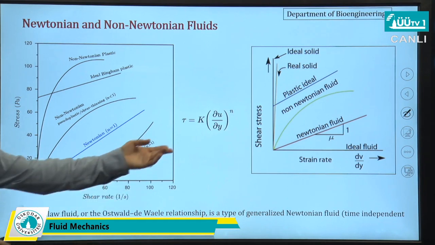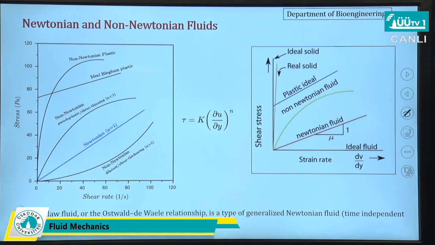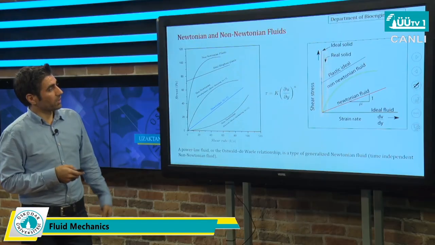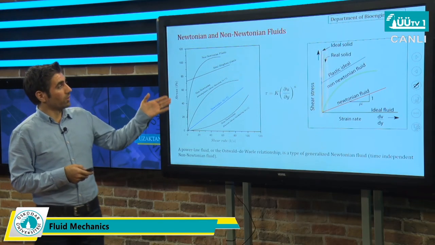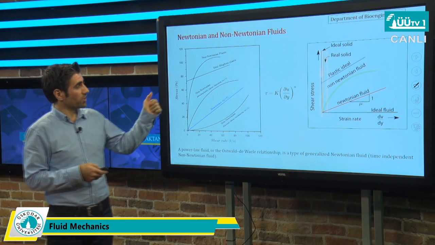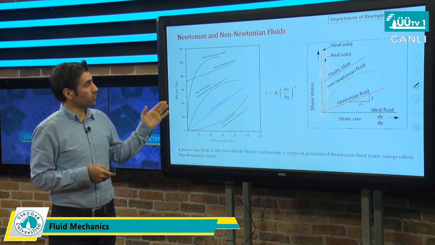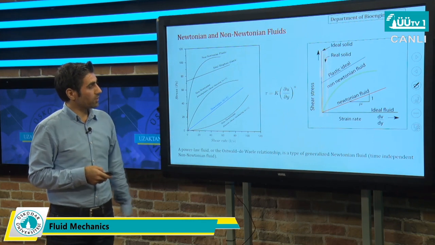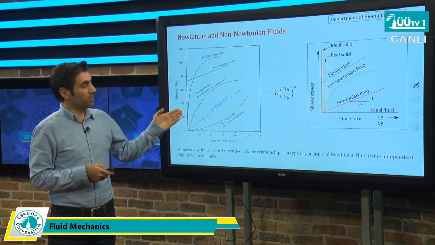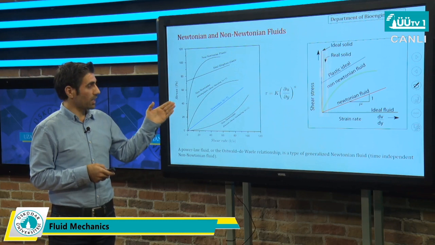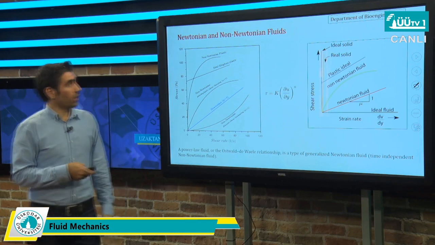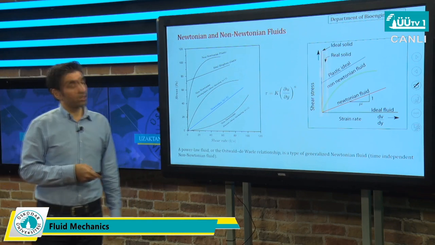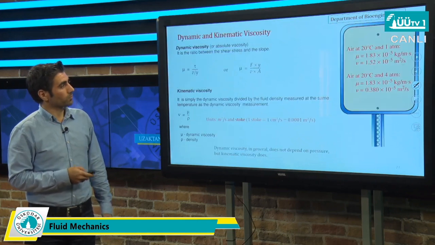This is a power law presented for these kinds of fluids, which are called non-Newtonian fluids. Here viscosity for non-Newtonian fluids is not a property, because it changes with shear rate. At each point we will have a different viscosity, so that's why we call these fluids non-Newtonian fluids.